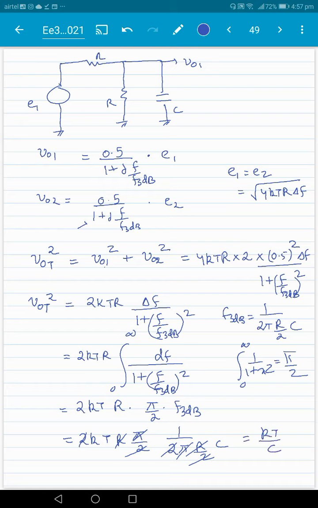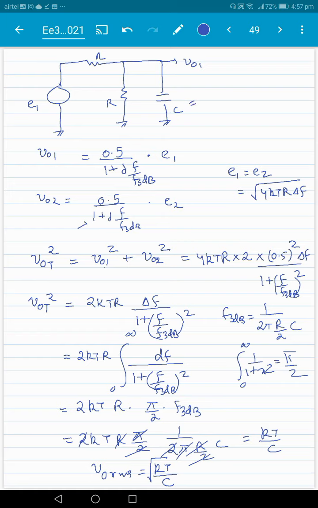So the net RMS noise at the output, V0 RMS, equals square root of kT by C. That's an interesting result: the net noise at the output is independent of the value of R. It only depends on the value of the capacitor.